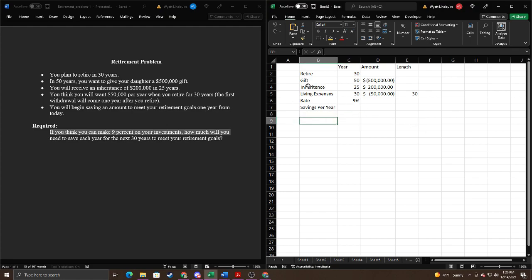And what we want to do is start moving everything to this year 30. That's the year I'm going to choose because I think it is the easiest one. So we're going to do amount in year 30.